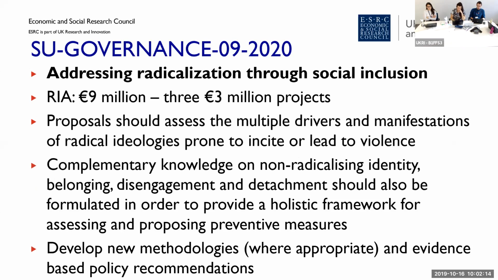SU Governance 9, addressing radicalisation through social inclusion. So there should be empirical and multidisciplinary approaches involved, and the proposal should focus on psychological and social mechanisms of alienation and radicalisation of youth in urban and peri-urban contexts.